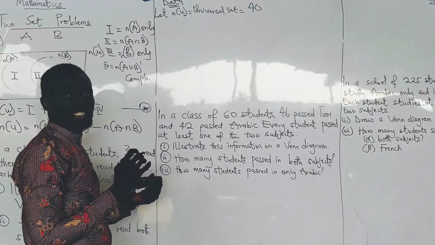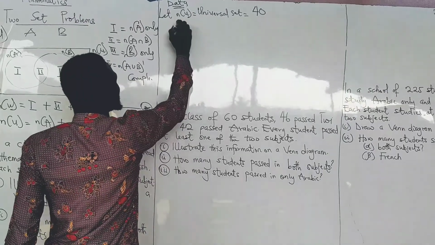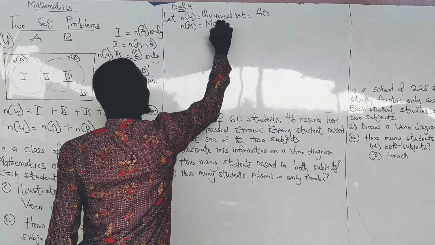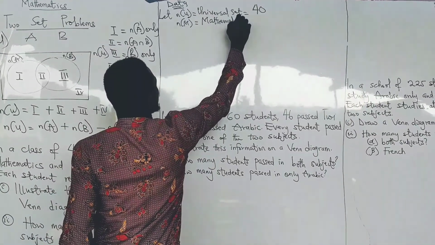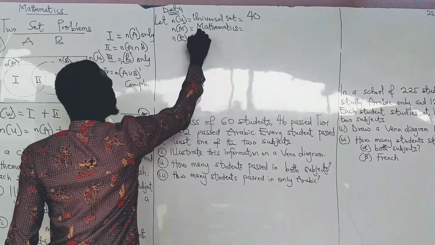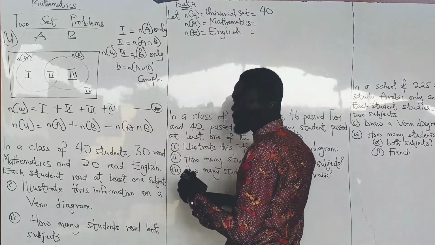Then what are the two things they've mentioned in the question? They've mentioned mathematics and English. So we say, let the number M be equal to mathematics. Then the number E should be equal to English. So come back to the question.